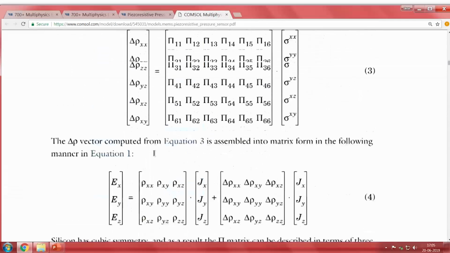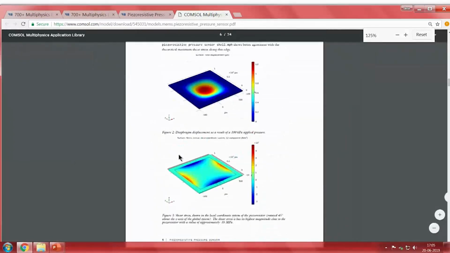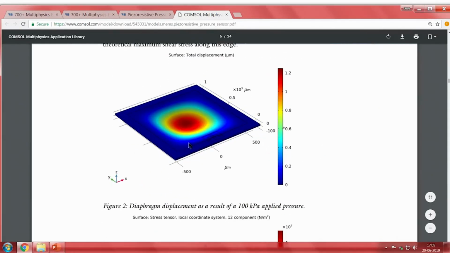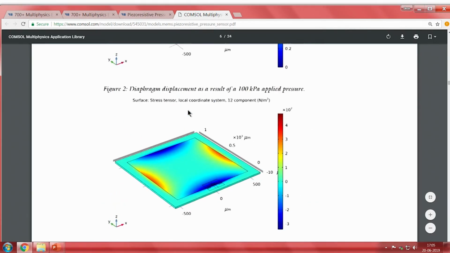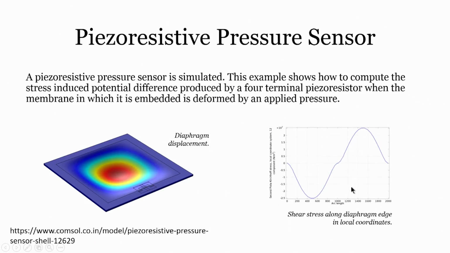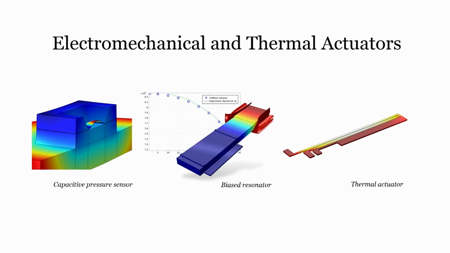So you can see the force that is applied over here. So this is the force that is applied, and this is the stress that is developed on this film. So you can see how the stress is changing based upon the force that we are applying, and how the current is changing.